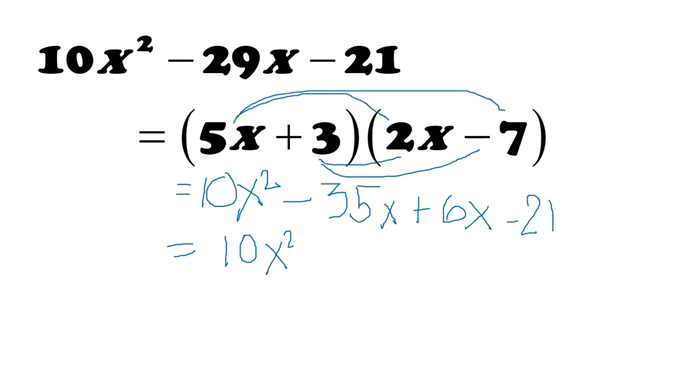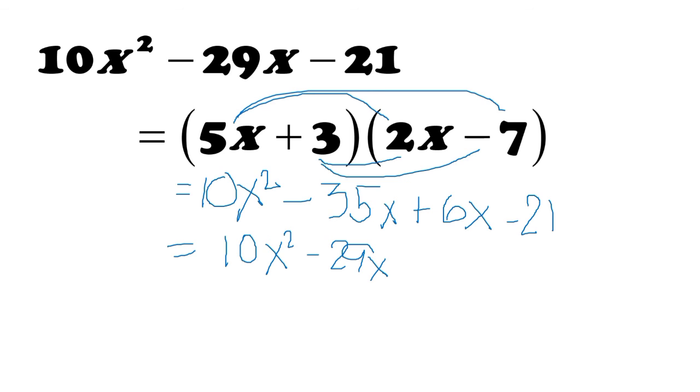Now, if we combine like terms, we have 10x squared. The like terms are negative 35x and 6x. If we take the sum of unlike signs, we subtract, then copy the sign of the bigger value, which is negative. 35 minus 6 is 29, then copy negative, so negative 29x.